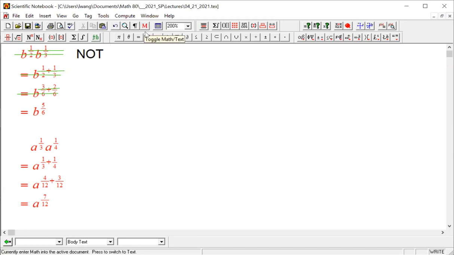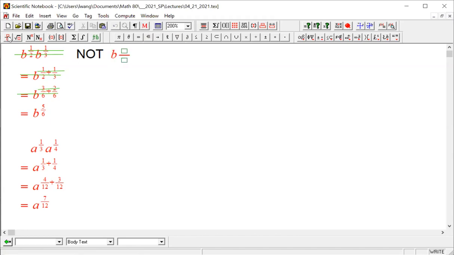Don't write b half, b third. Don't write it this way. When you write it this way, it will be regarded not as an exponent but as multiplication.